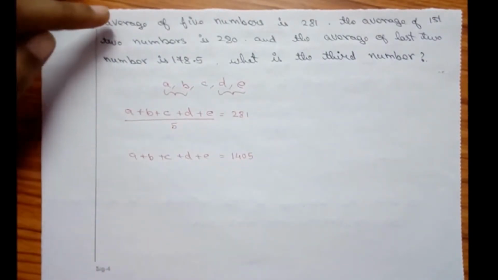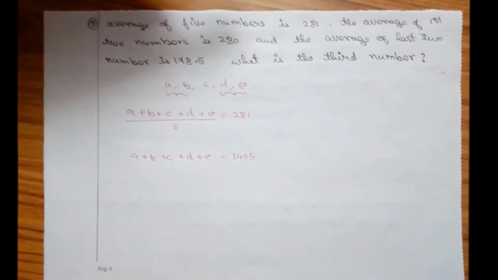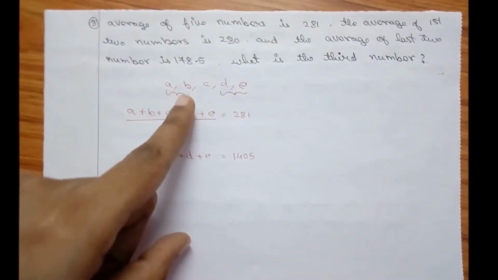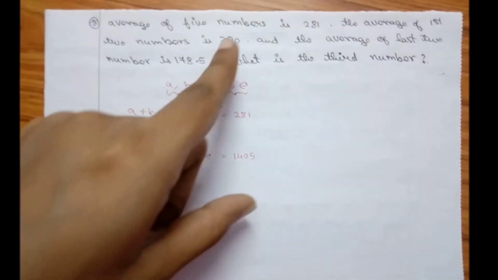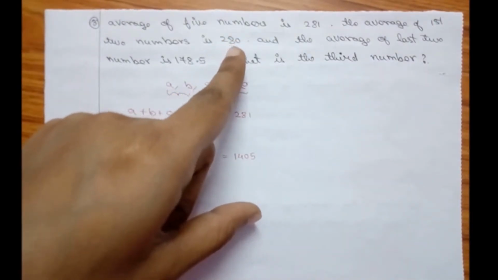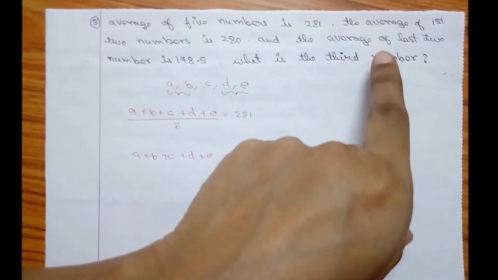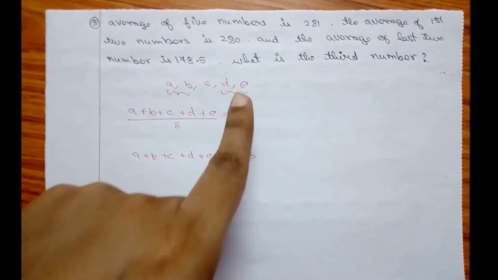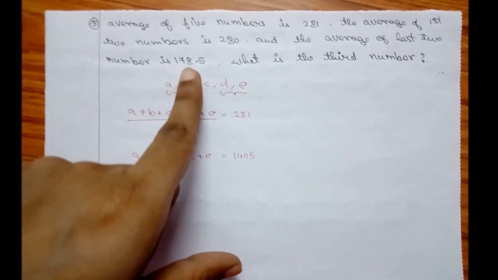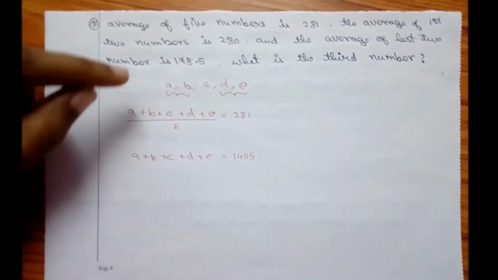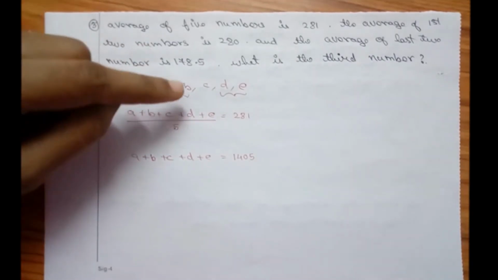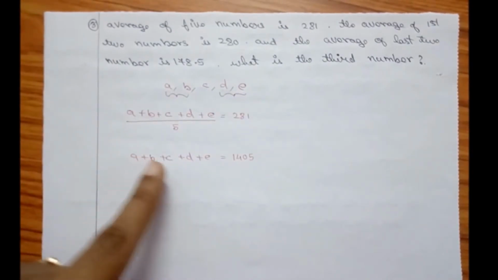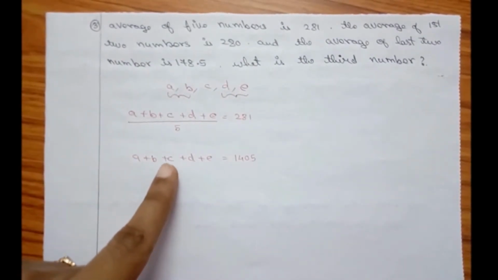Now the second point is the average of the first two numbers is 280. That is, the first two numbers are A and B: A plus B by 2 gives me 280, and likewise D plus E, which are the last two numbers, D plus E by 2 is equal to 178.5. From these two equations I can find A plus B and D plus E and replace them over here, and I can find the third number.